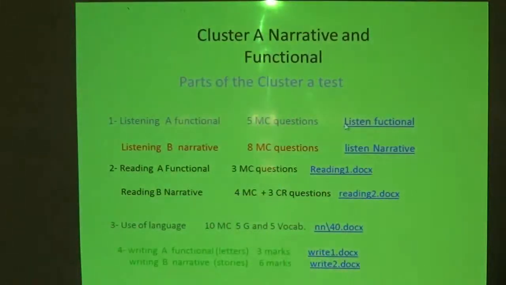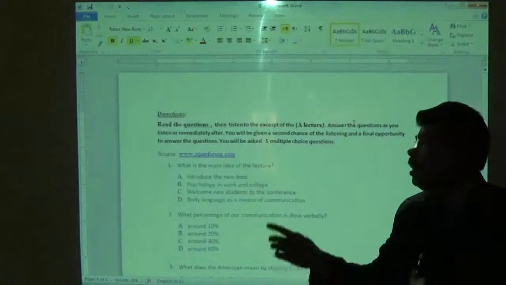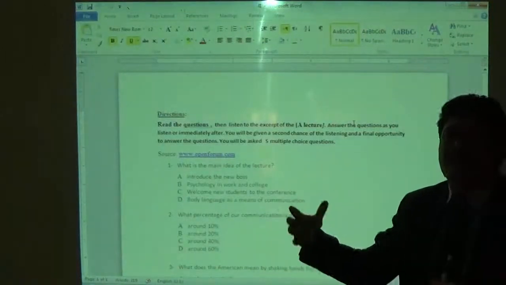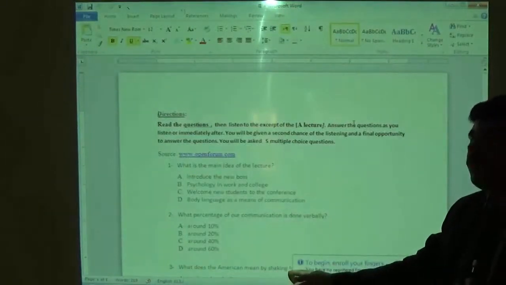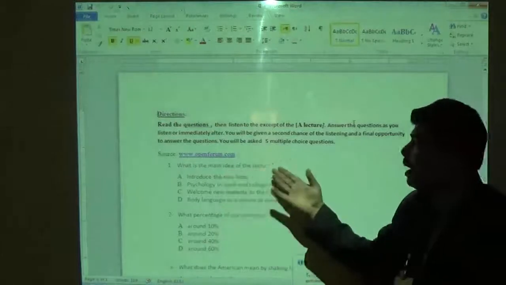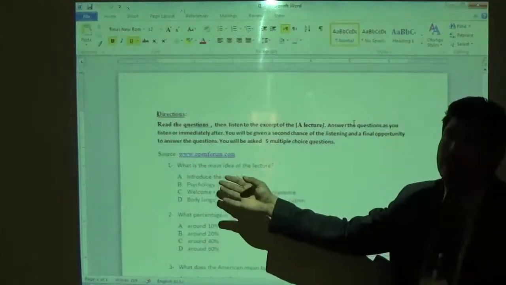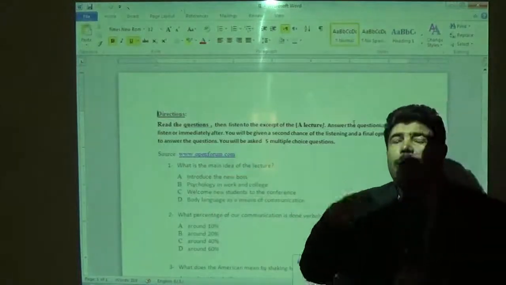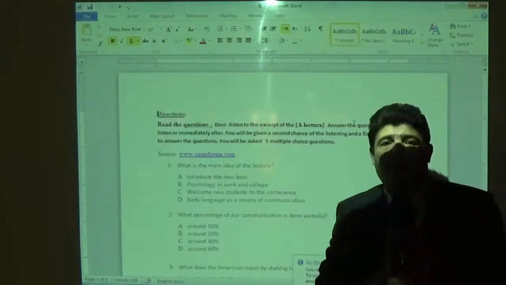Let's look at the listening. Number 1, listening functional. As I said before, you are going to listen to a functional text about a meeting, something related to business, and you are going to have 5 MCQ questions like this. What is the main idea of the lecture? If it is a lecture, he is going to ask you about the main idea, the main purpose. When you listen, focus on the names, places, dates, numbers.